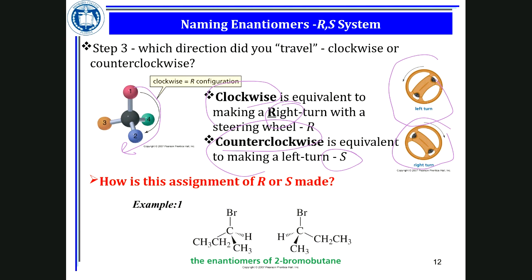For R and S, I need you to help me with the configuration of the molecule on the left side. What takes the highest priority? Unless it's repeated, Br would take the highest priority. So we have 1, and priority 2 would be ethyl or methyl.